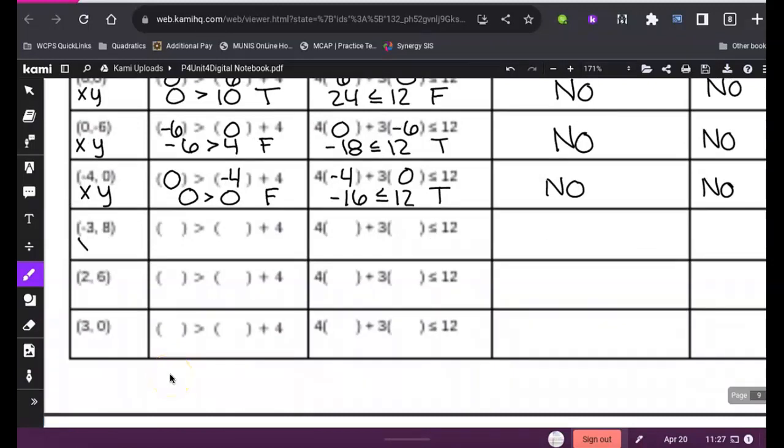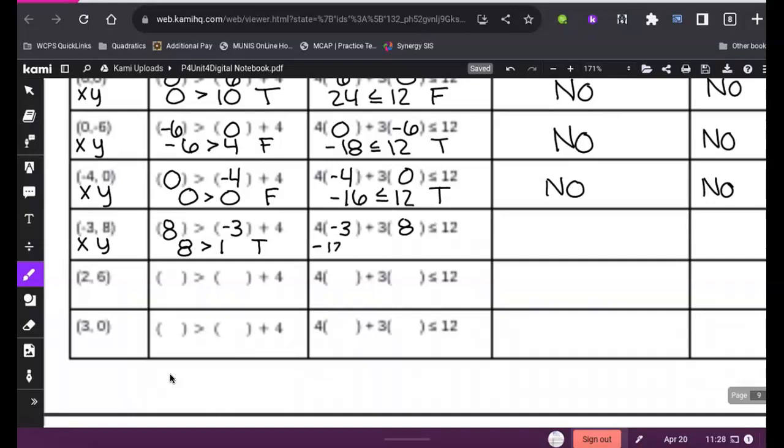All right, so this time x is negative 3, y is 8. So we have 8 is greater than negative 3 plus 4. So 8 is greater than 1. That is true. Then I have 4 times negative 3, 3 times 8, which this one we'll have to do a little bit of extra math.